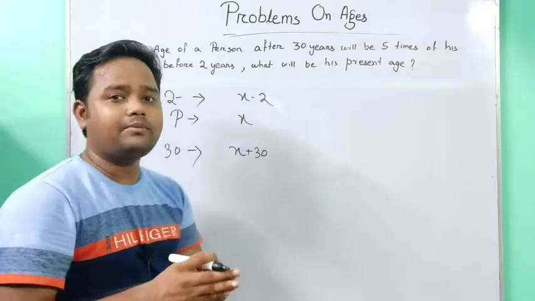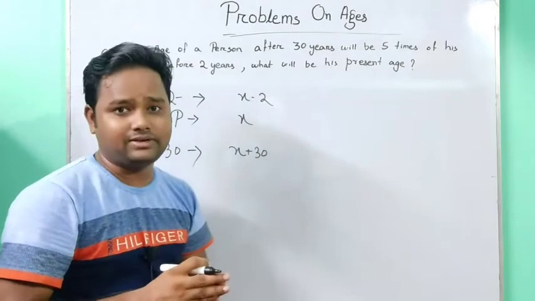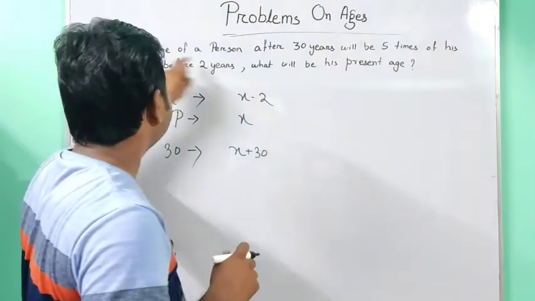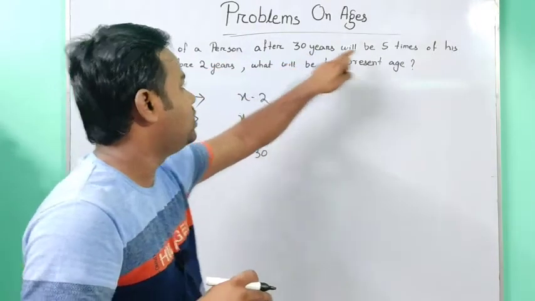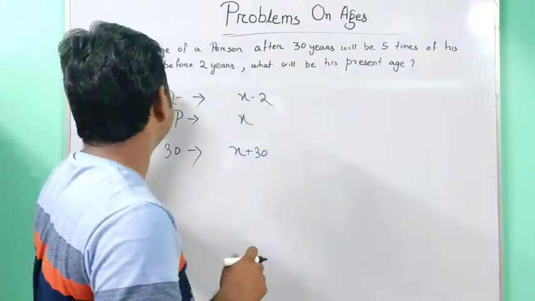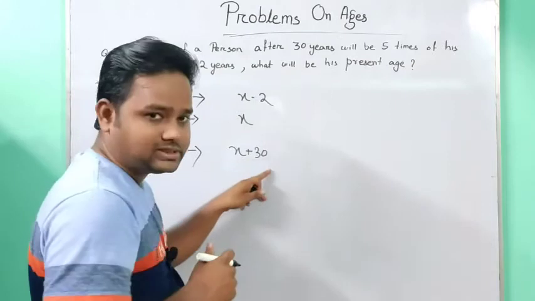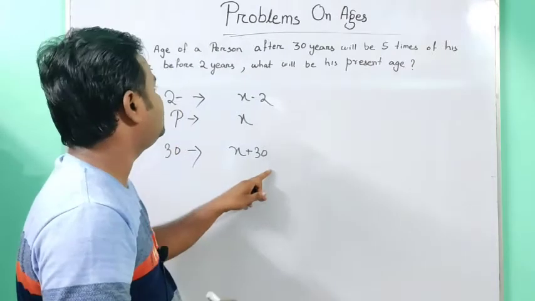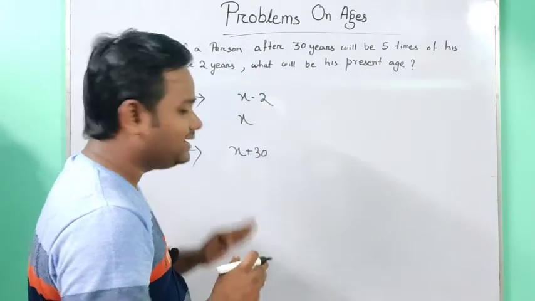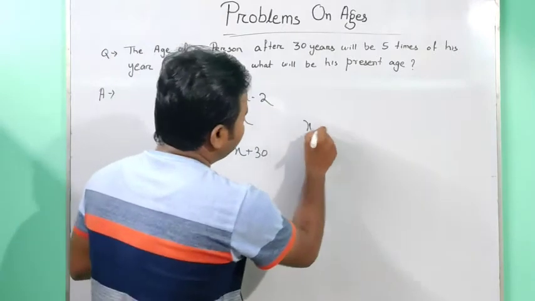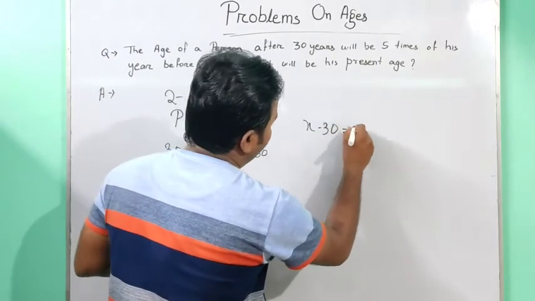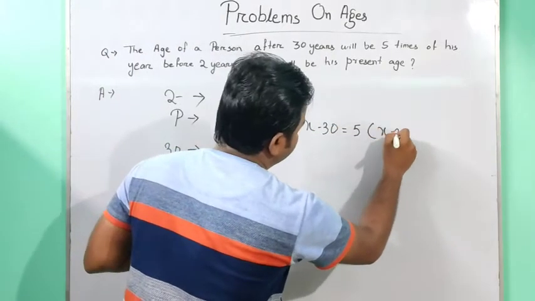Next we put in what is given in the question. The age after 30 years is x plus 30, and the age before 2 years is x minus 2, and it is given that x plus 30 is equal to 5 times x minus 2.